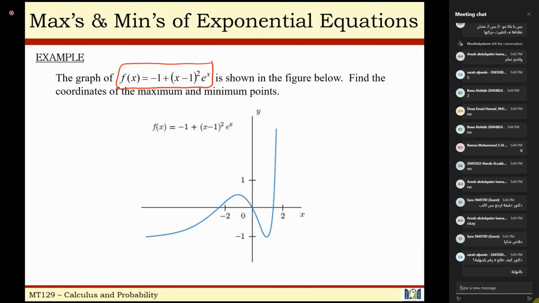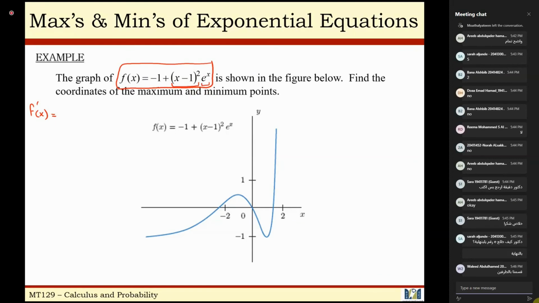To find the maximum or minimum point, we must find the critical point. So f prime of x equals what? Minus 1 equals 0. But look at this, we have two terms, (x minus 1) squared and e^x. So we apply the product rule.